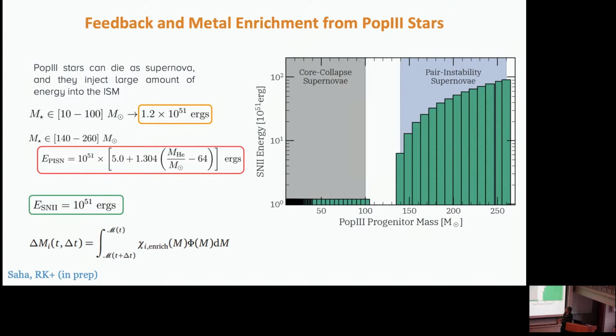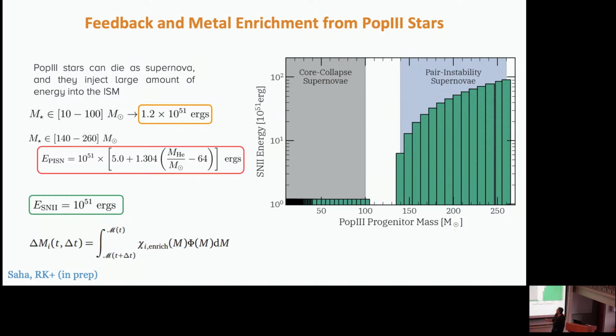The other thing we did was to also model feedback and metal enrichment from these POP3 stars. In all models, like POP2 models, we assume a canonical supernova feedback energy of about 1 to 1.2 times 10^51 ergs. But these very high mass stars, which are about 140 to 260 solar masses or so, can go pair instability supernovae, and they can inject a lot more energy into the ISM than just normal supernovae.